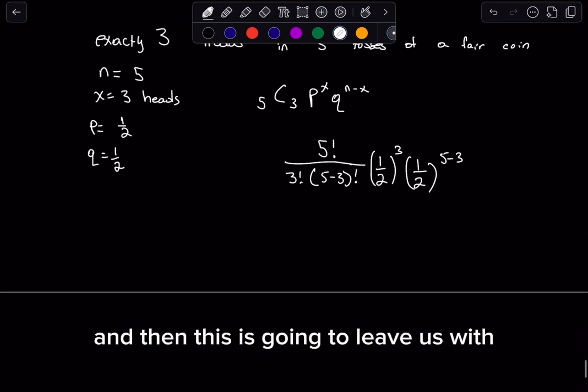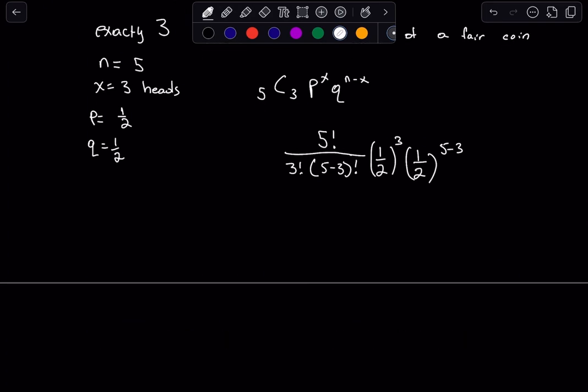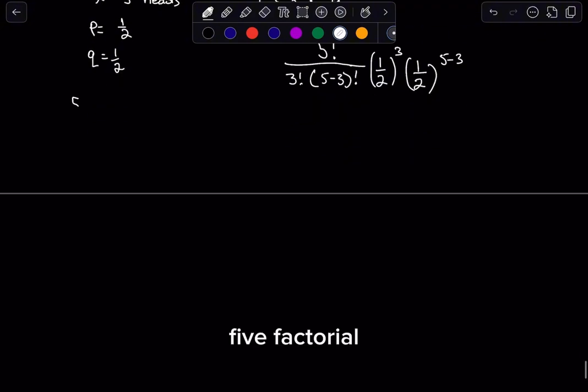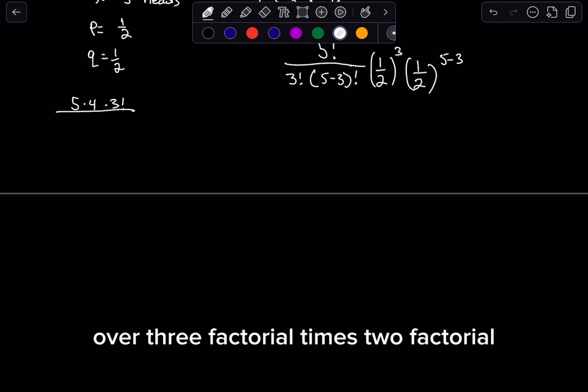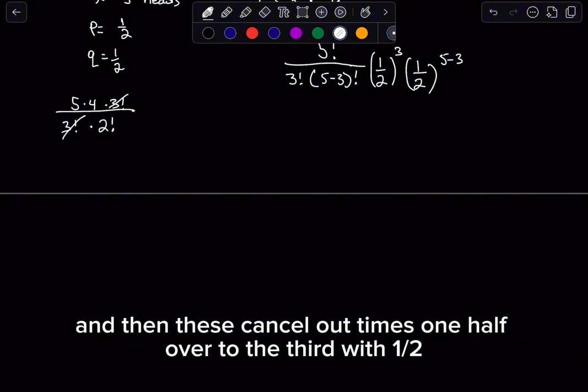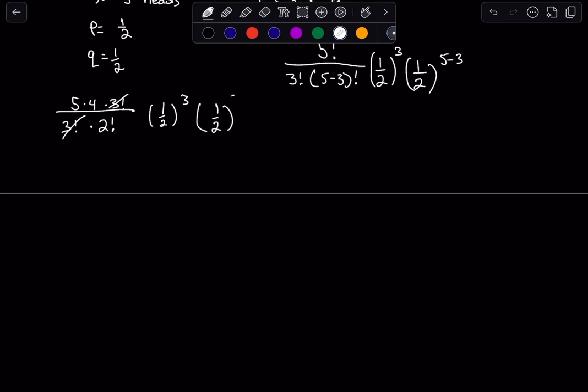This leaves us with 5 times 4 times 3 factorial over 3 factorial times 2 factorial. These cancel out, times 1/2 to the third with 1/2 squared.